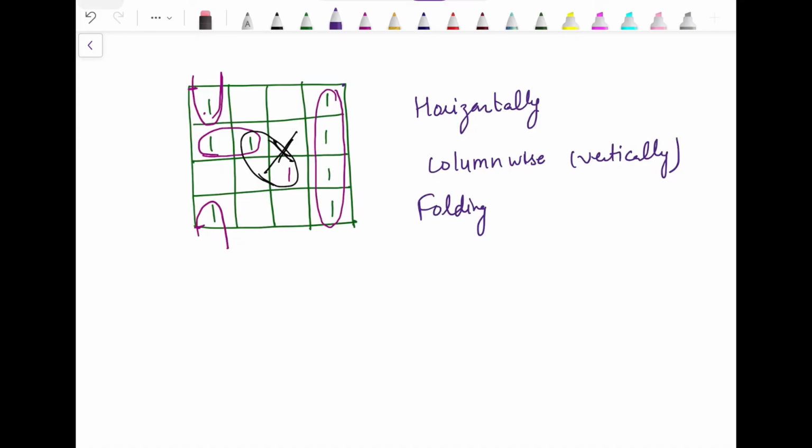What we need to remember while we are doing the grouping is that overlapping is allowed. We can consider one of the minterms many times, but there should not be redundant pairs. What I mean by redundant pairs: if this is the case, we have already covered all the ones.